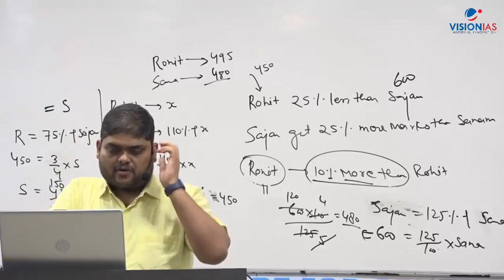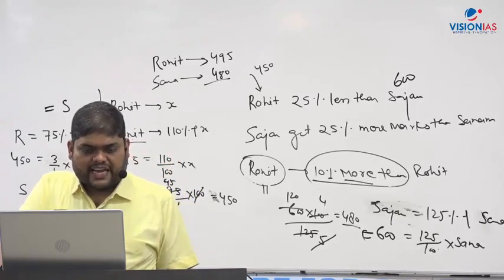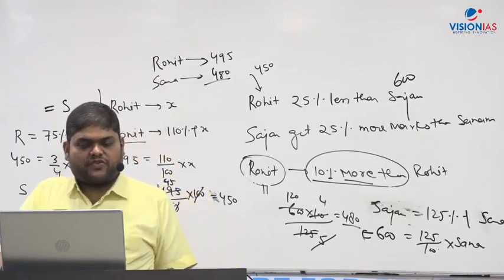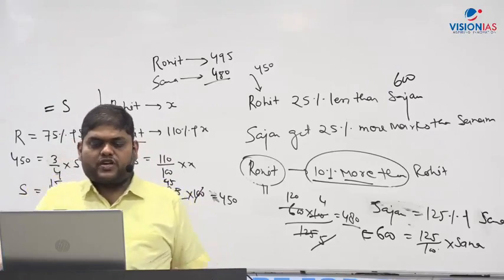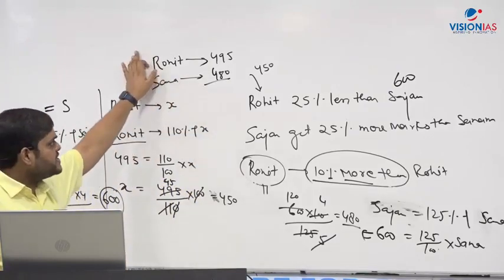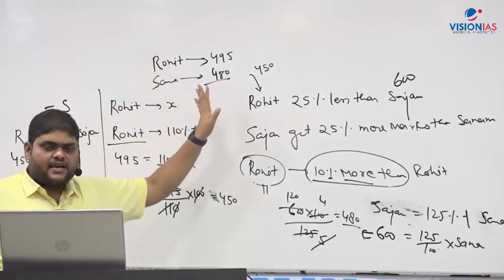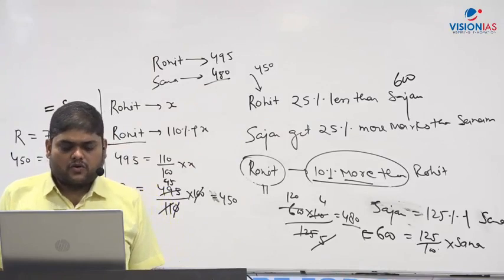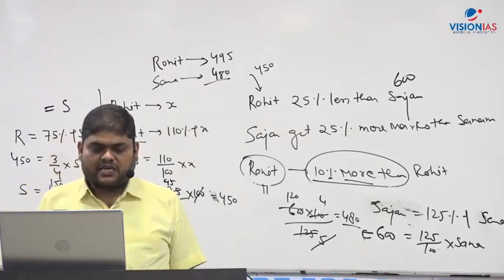Again, let me think about the question. Can we do it in a better way? The maximum marks of the examination is given, so hopefully they are asking with respect to the maximum marks. So out of 600, Sanam got 480. Rohit gets 25% less marks than Sajan.